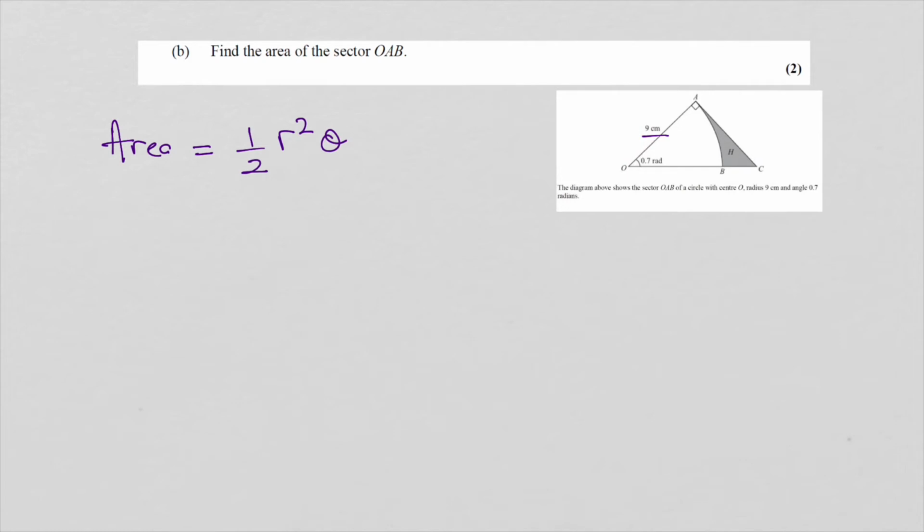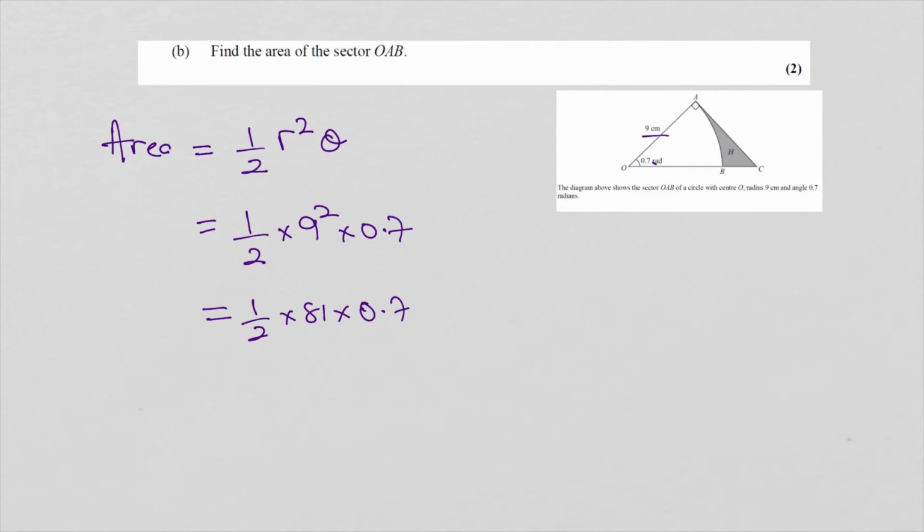And therefore, we just need to plug this in. So 1/2 times 9 squared times 0.7. And that will be 1/2 times 81 times 0.7 in radians, by the way. Not in degrees, we have to use a radians value.